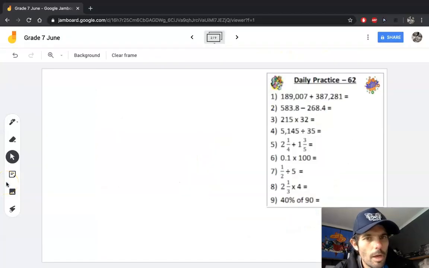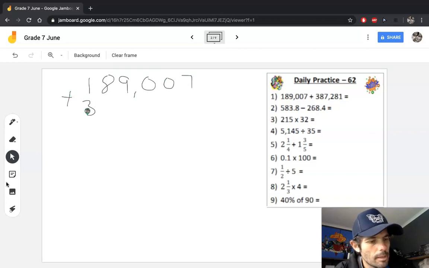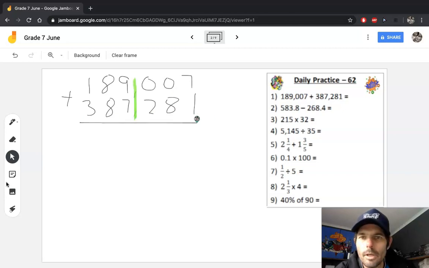Right, question number 1, 189,007. And I'm adding 387,281. Remember, the decimals need to line up. Okay, very, very important. Possibly one of the most important parts of adding decimals.